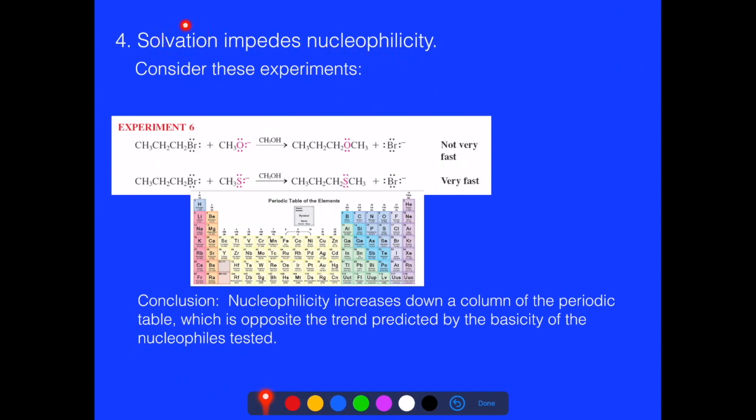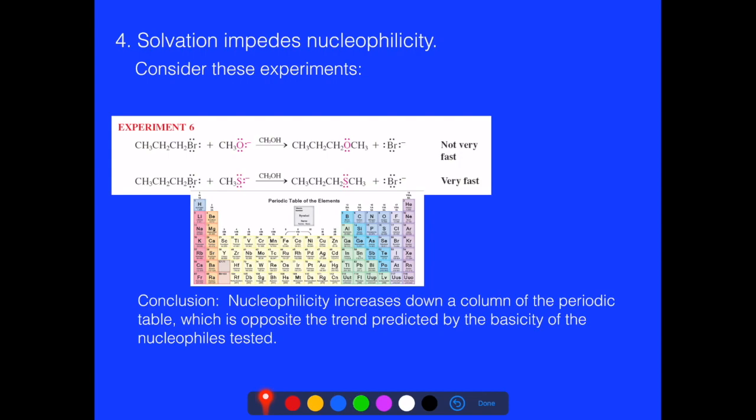And the solvation is not about the nucleophile per se. However, what we do find is that the solvation does influence the nucleophilicity, depending on how well and how strongly the solvent holds on to the nucleophile.